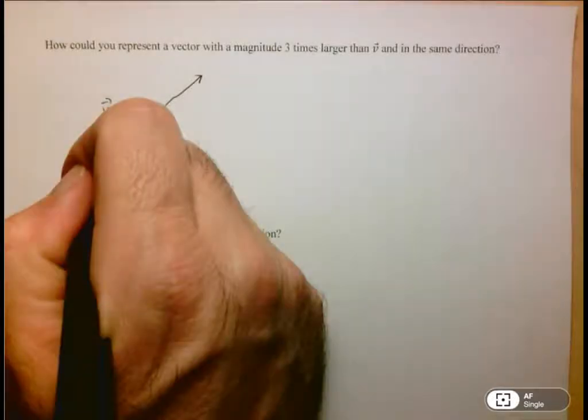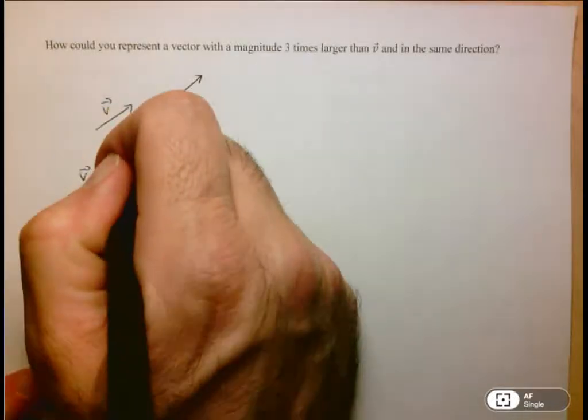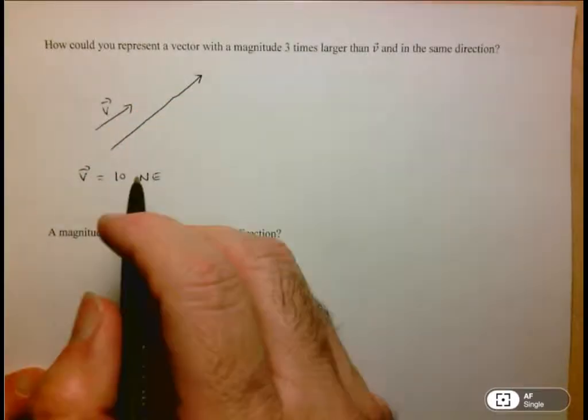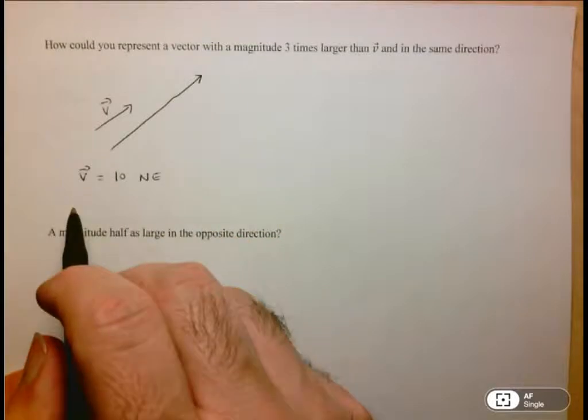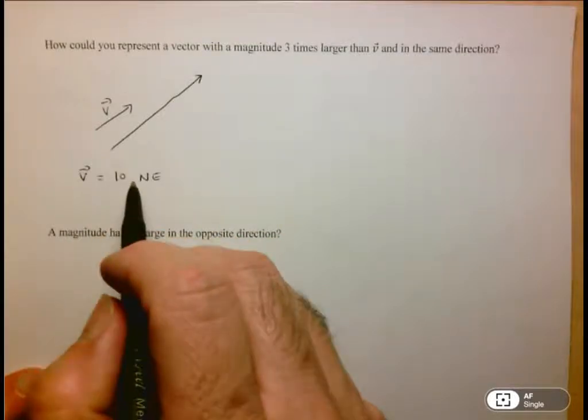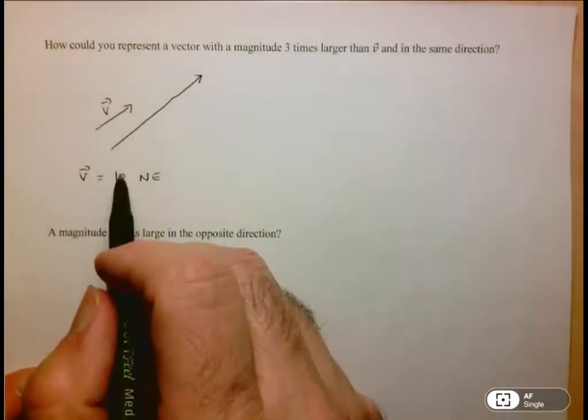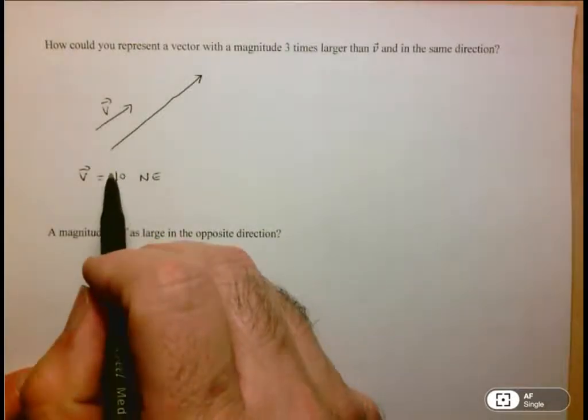Let's think of v as having a magnitude of 10 in the northeast direction. The only thing I'm changing here is the magnitude. The direction will not change.